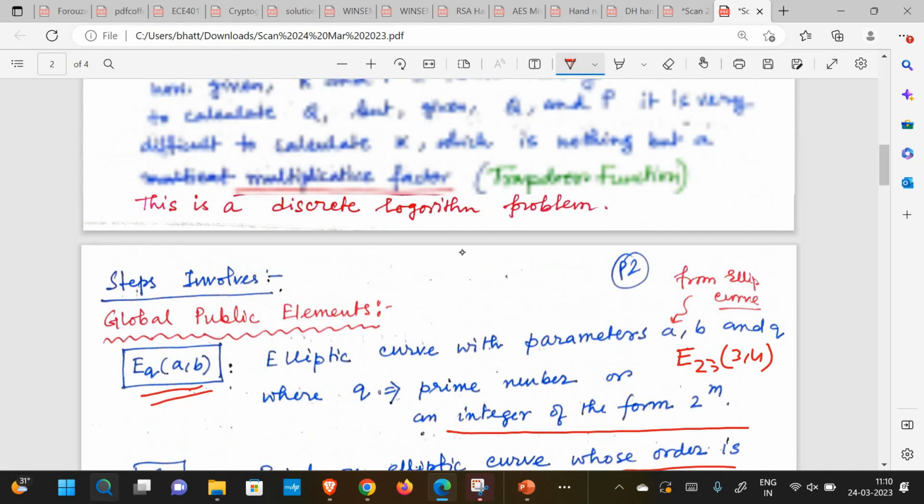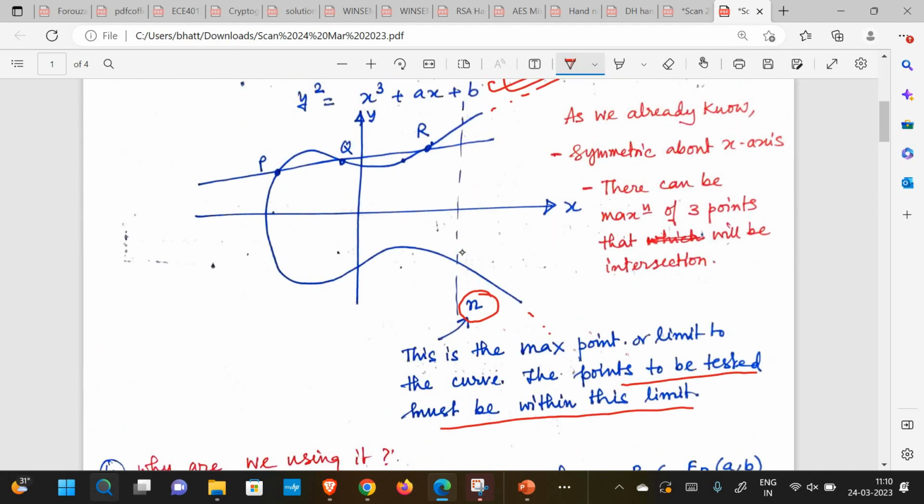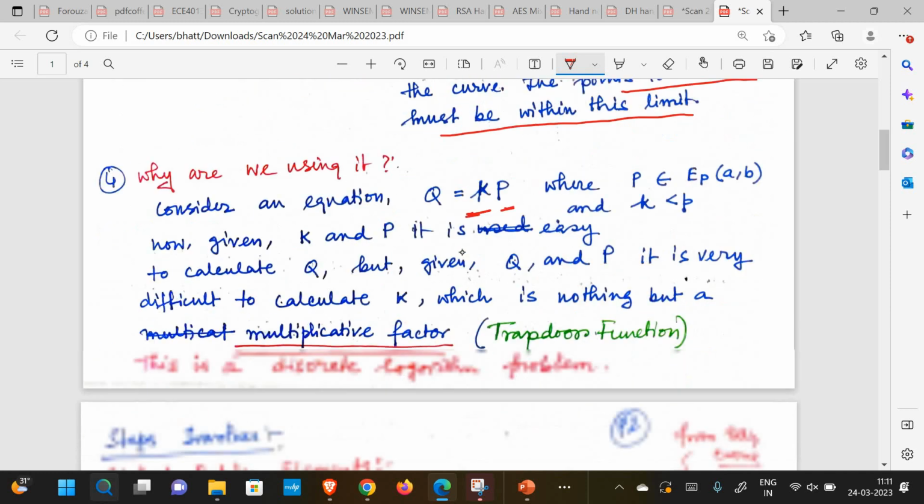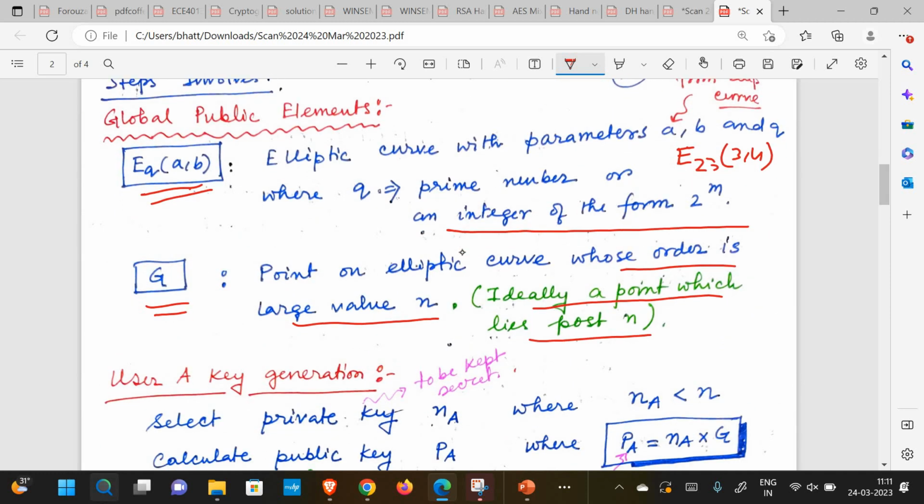So if I go back to the curve, it's something like, if suppose a point lies somewhere over here, the G should be a point like this, somewhere which is beyond the n. Alright, so these are the two public or global parameters that we have to define. In most of the questions, this will be provided to you. Alright, so the curve E_q(a, b) and the global parameter, the G part, will be provided to you.